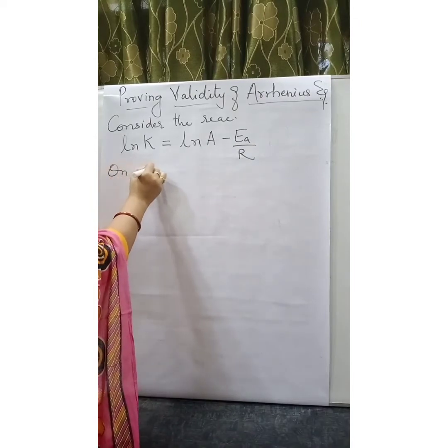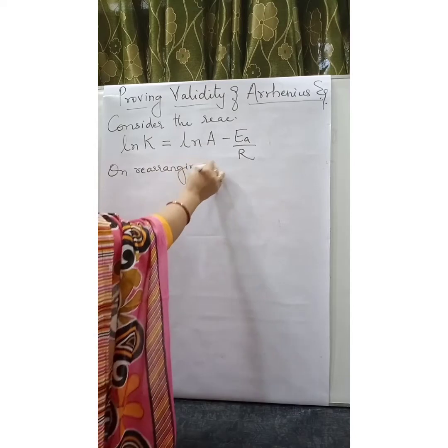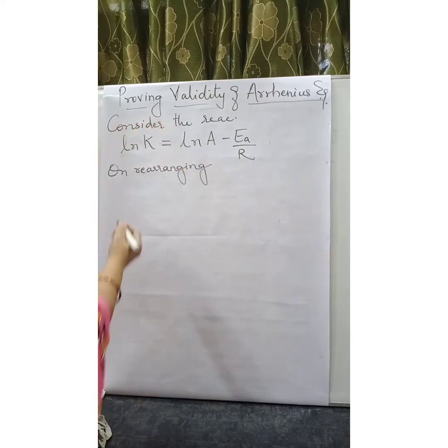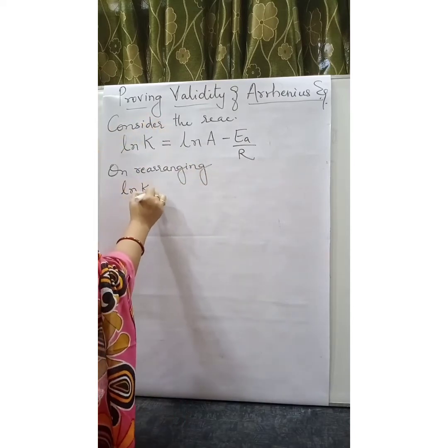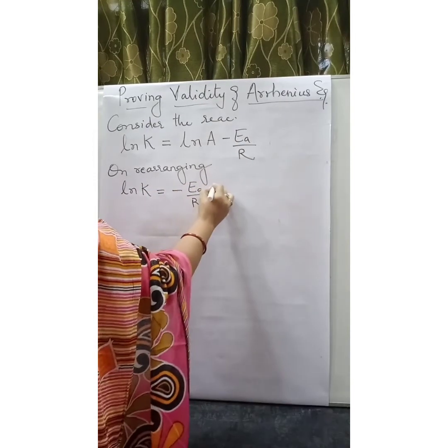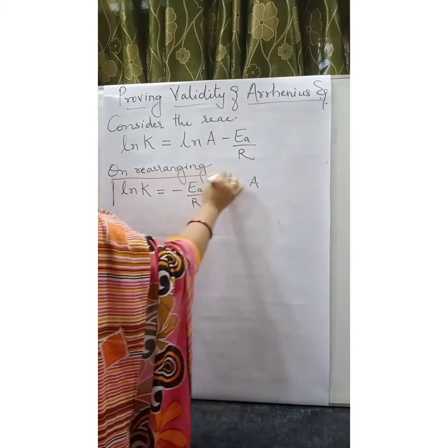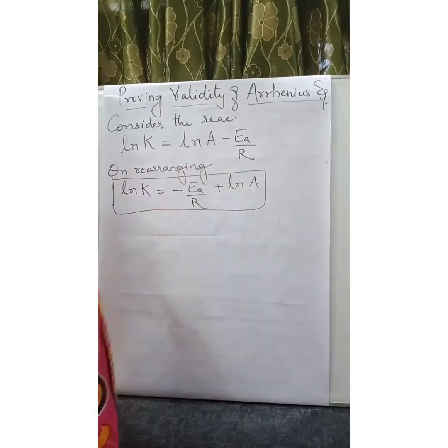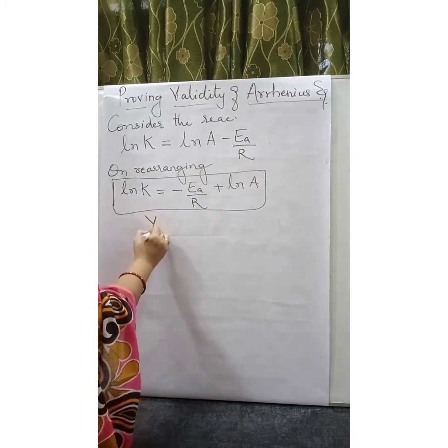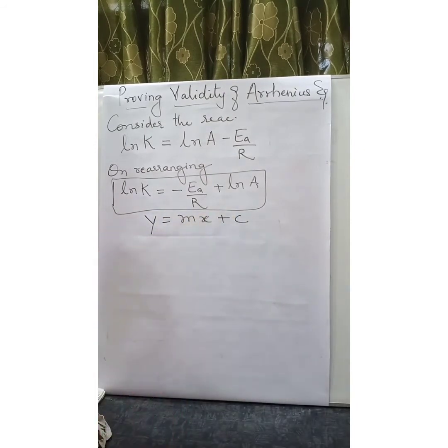On rearranging, ln k is equal to minus Ea upon R times 1 upon T plus ln A. This equation resembles the equation of a straight line, y is equal to mx plus c.